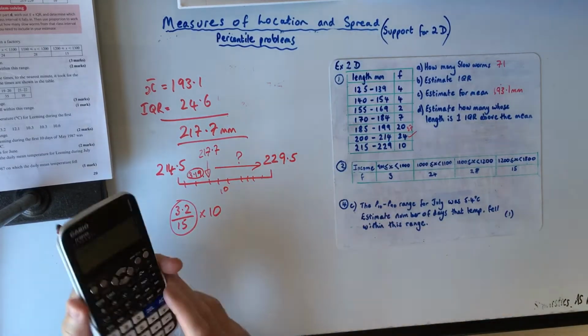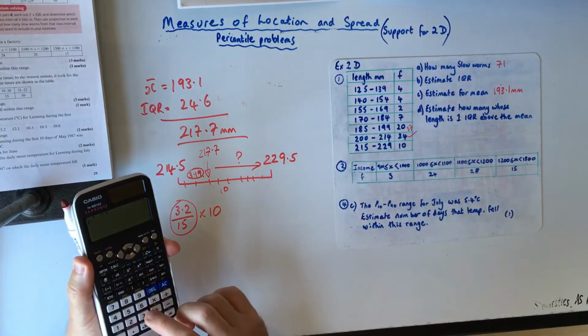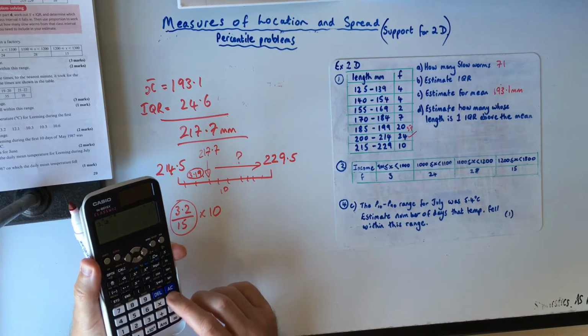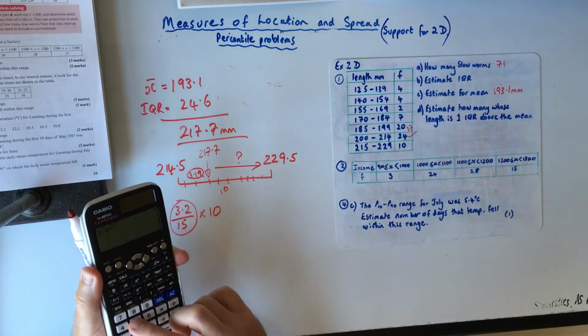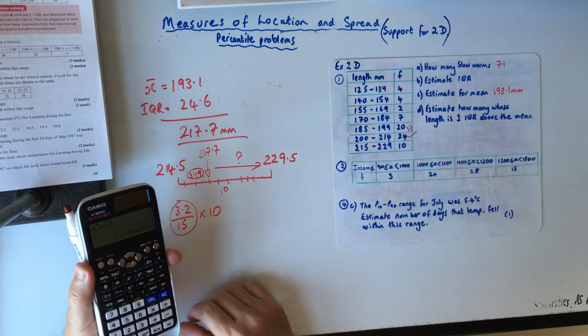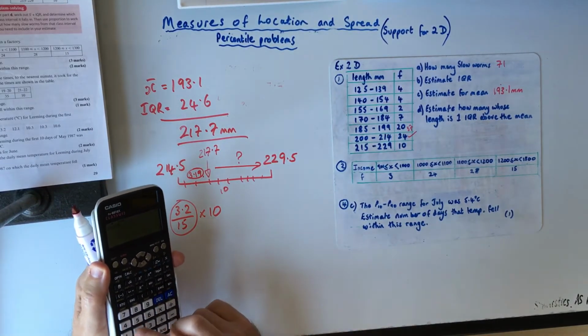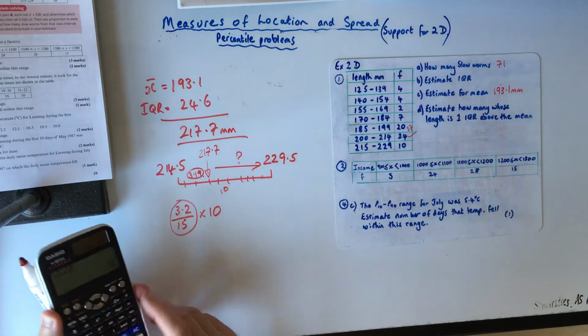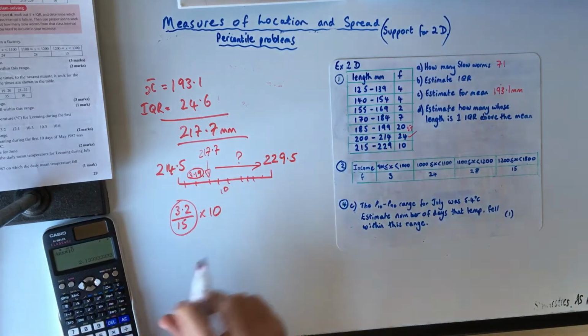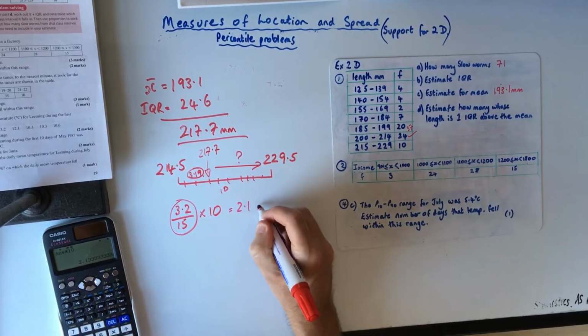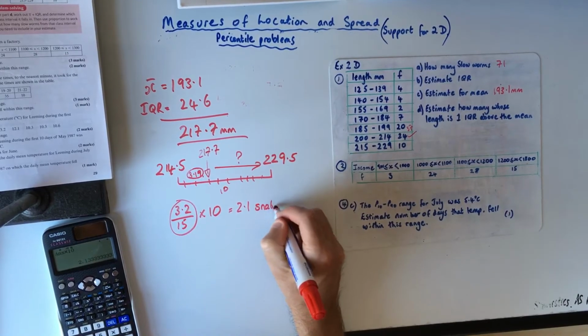When you do 3.2 divided by 15, it's 0.21 in, and obviously if you times that by 10, you get 2.1 snakes in, or slow worms.